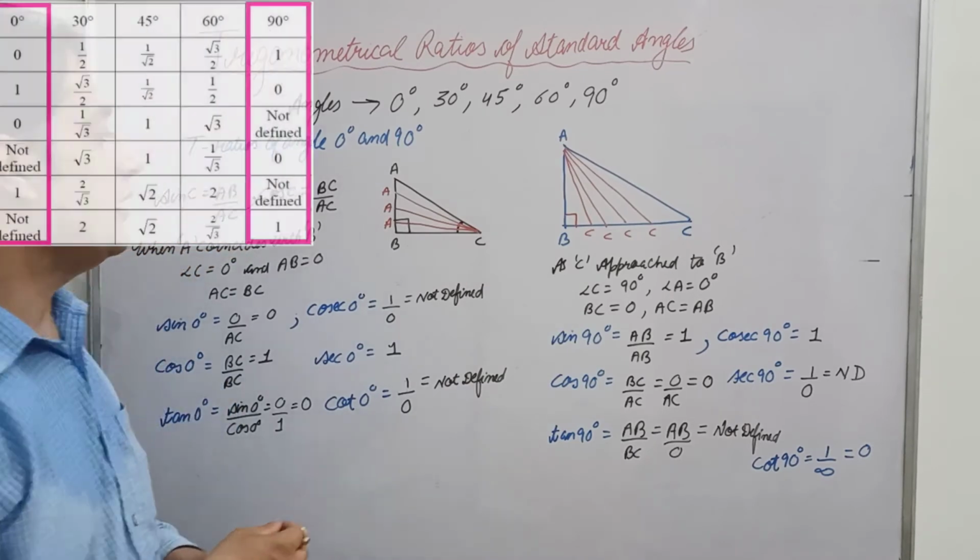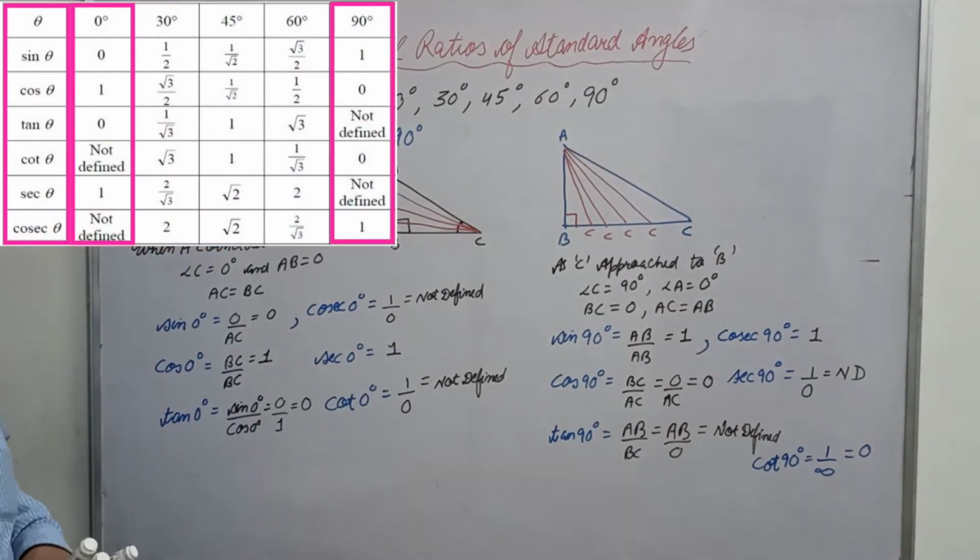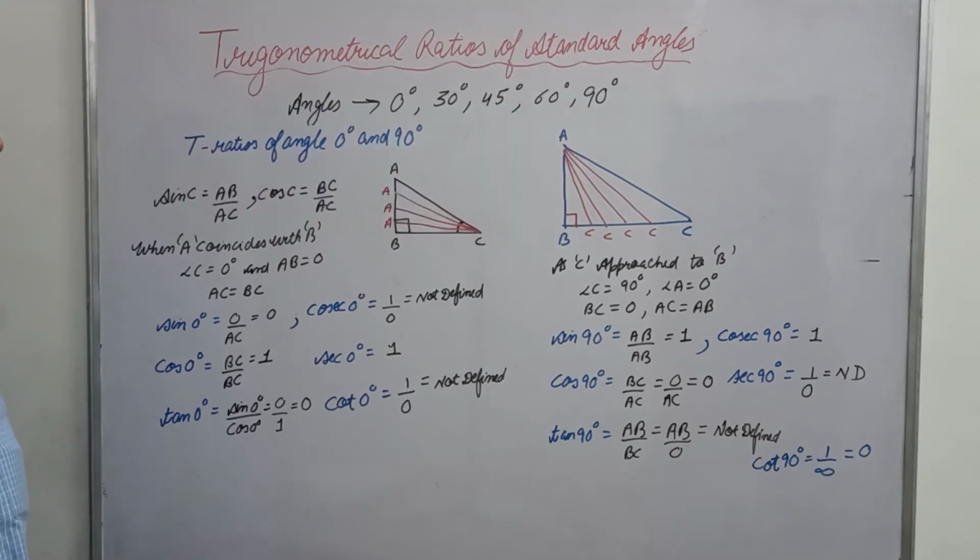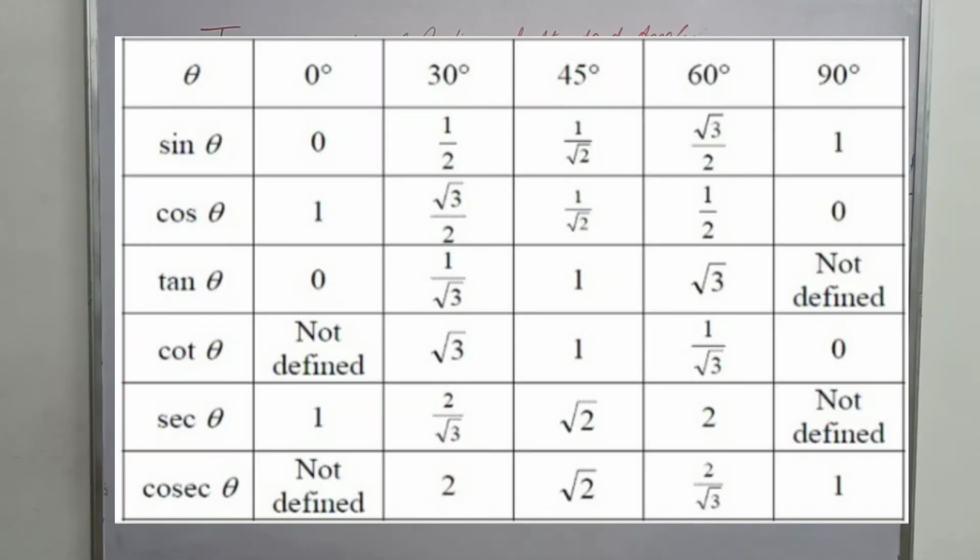So these are the values of T ratios of standard angles. Let us write the values of T ratios of these 5 standard angles. But how to memorize the values of T ratios of these angles?